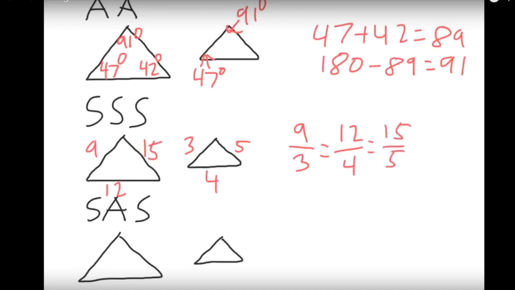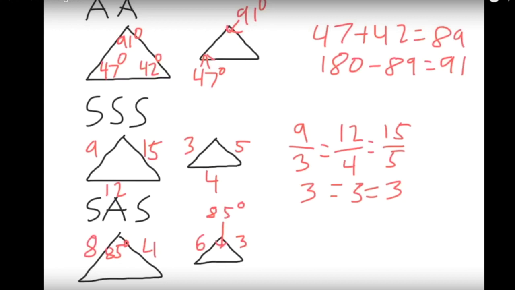Now we need to reduce these, and if all three of these end up having the same ratio, then they are similar. So 9 divided by 3 is 3, 12 divided by 4 is 3, and 15 divided by 5 is 3. So 3 equals 3 equals 3. If all those numbers equal each other, then they are proportional, and they are similar by side-side-side.